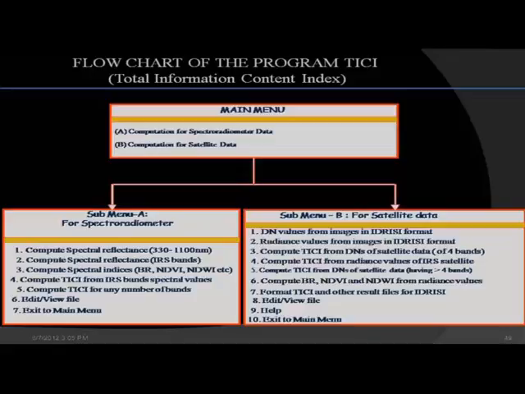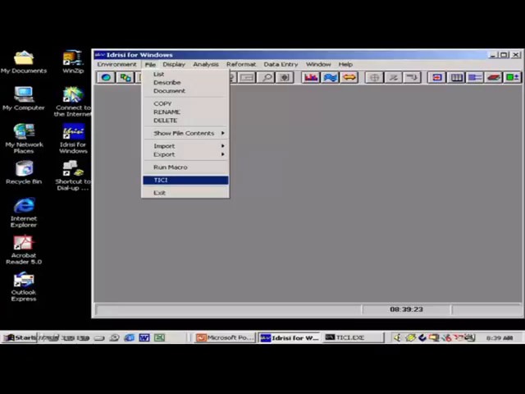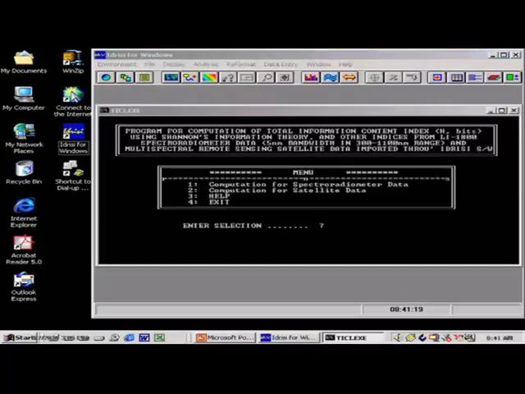So you can derive different indices which are sensitive for soil moisture, and also vegetation indices like NDVI or band ratio. You can derive the total information content index using Indian remote sensing satellite bands only, or any number of bands you want to have. You can view the file, you can edit them, you can go back to the main menu. The same was customized in Idrisi software, so that with the satellite data we can process and develop a TIC index.